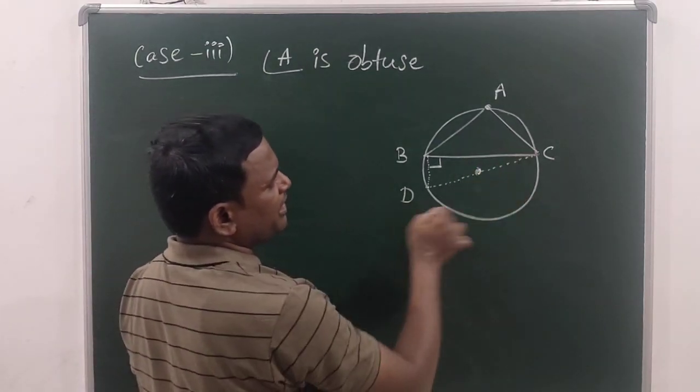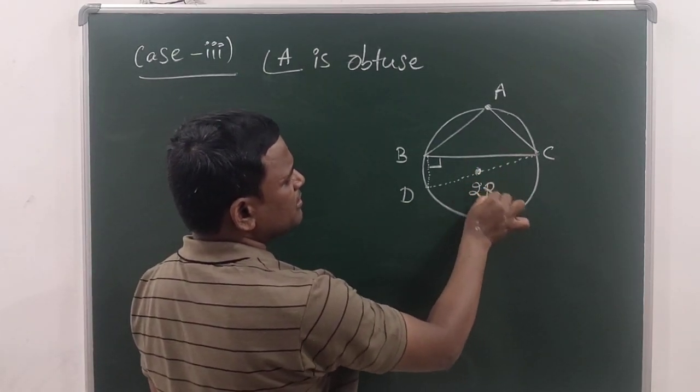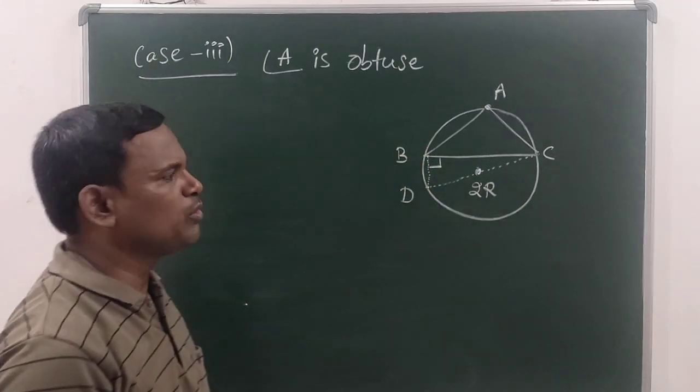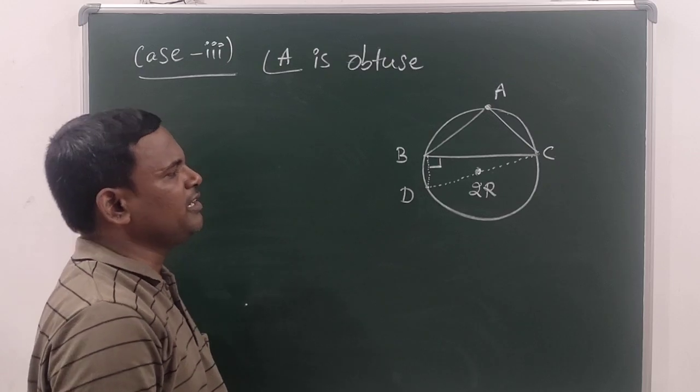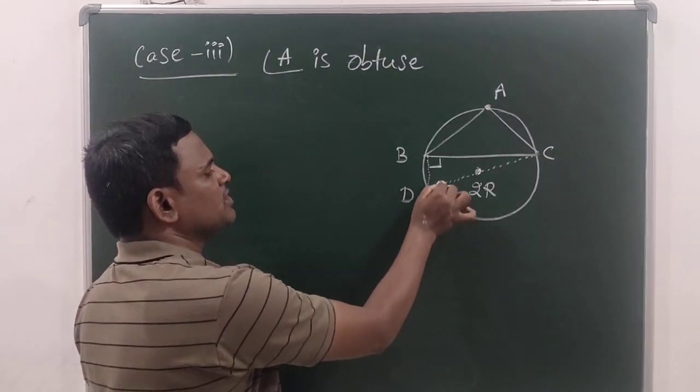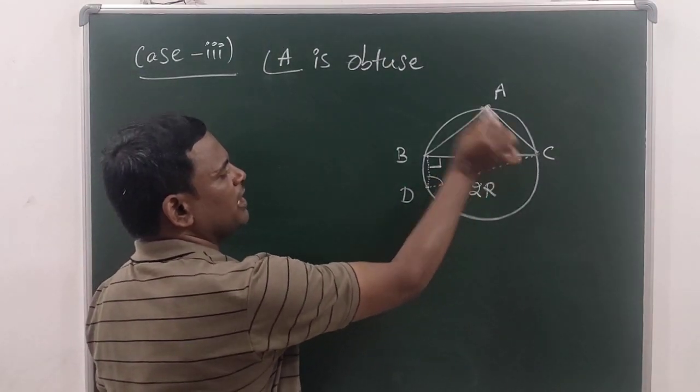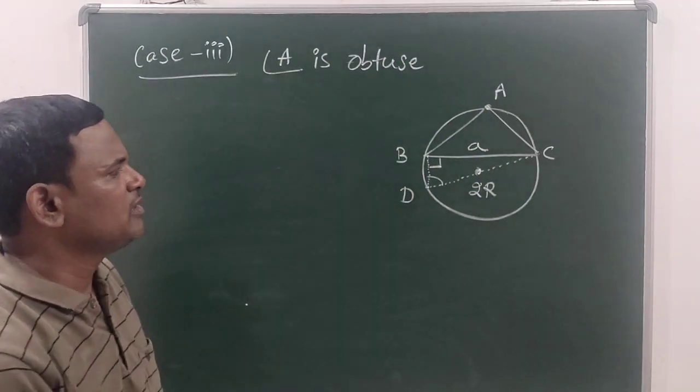Now CD, you know, is the diameter, the circumdiameter, equal to 2R. Okay, students. So here define sin D. This is small a. Am I right?